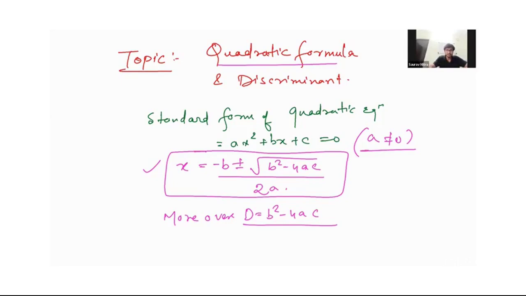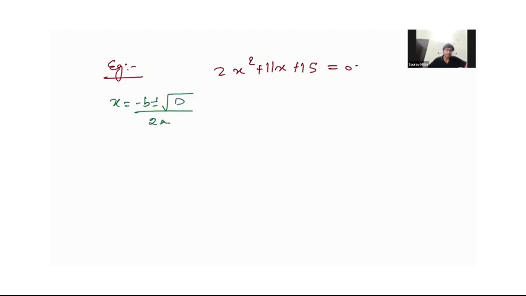Now let's check some examples. If you have 2x square plus 11x plus 15 is equal to 0, first of all, we will write the formula: x equals minus b plus minus under root D upon 2a.